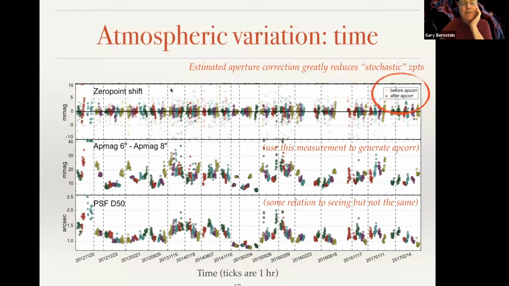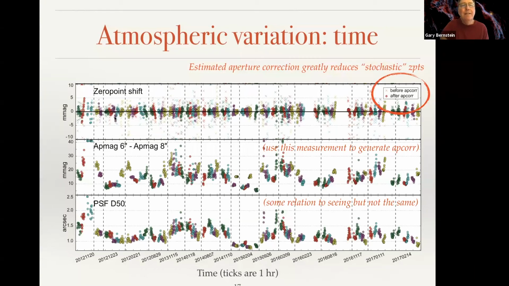What I'm showing here in the x's is how much the zero points of the exposures appear to shift from exposure to exposure, and you can see it's 5 to 10 millimags. Now, what is this short time scale, exposures a minute or two apart that change by a few millimags? What's that due to? And I should say these are all clear nights, okay?